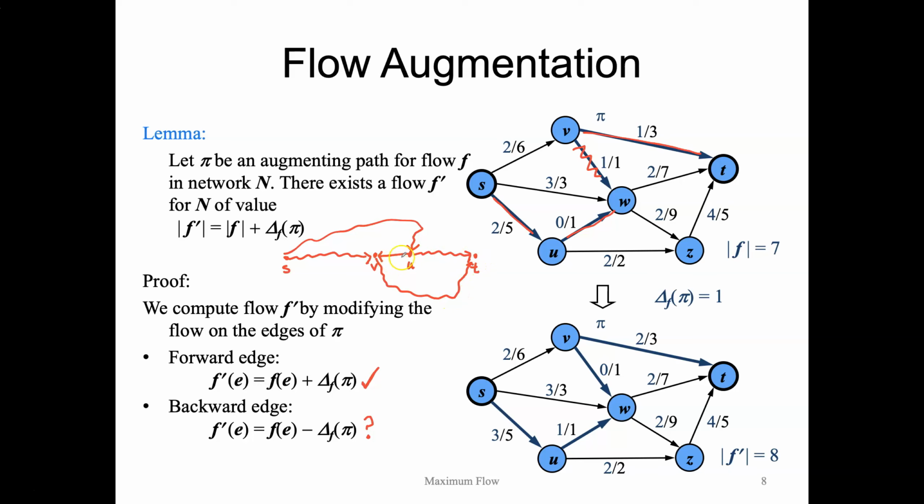So because there exists a back edge in this augmenting path, there exists some way where we were sending flow from the source to u, through this edge, and then from v to the sink t.